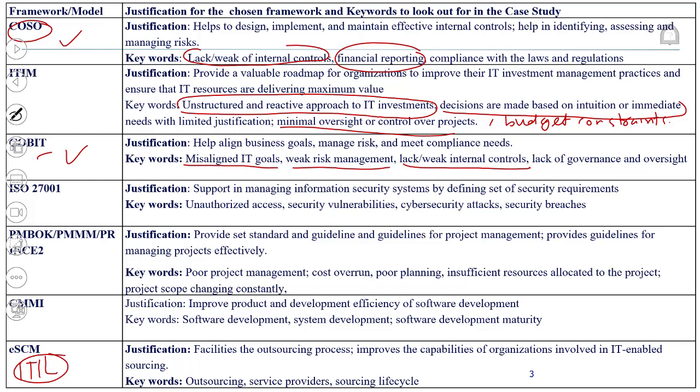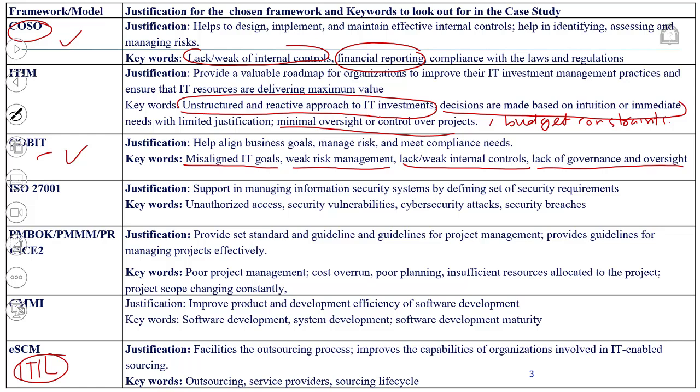As I said, in most cases you may confuse the two of them, but it's not actually confusion. It works. Lack of governance and, for example, oversight. So you see those things, then think about COBIT and what would be the justification?